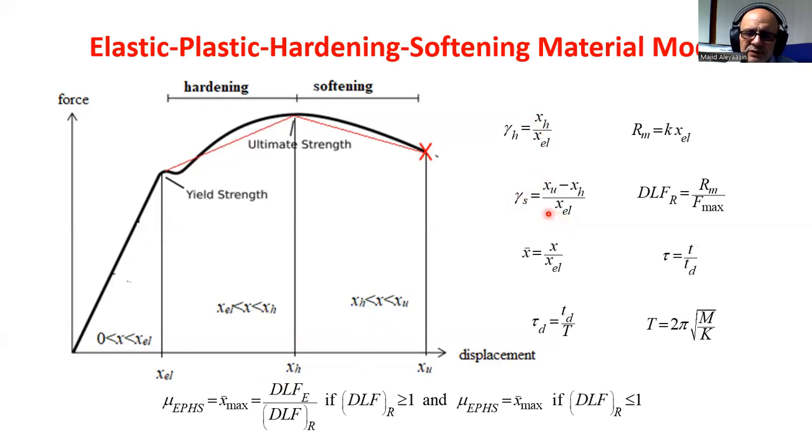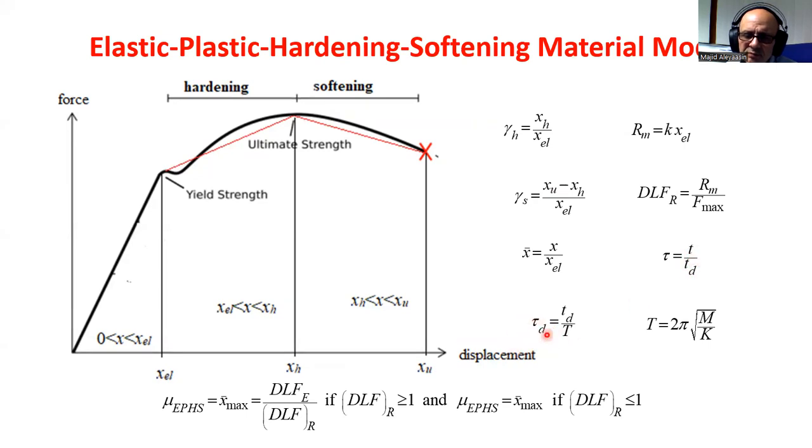These are very big numbers for steel. And this X bar is the ratio of X divided by X elastic, which gives us a ductility ratio, as we call it, for steel. This ductility ratio is higher. It could go higher. Another dimensionless parameter is time, T divided by TD, where TD is the duration of the pulse.